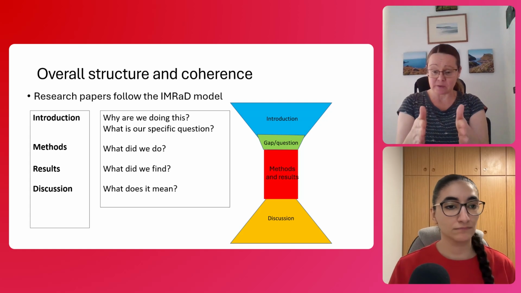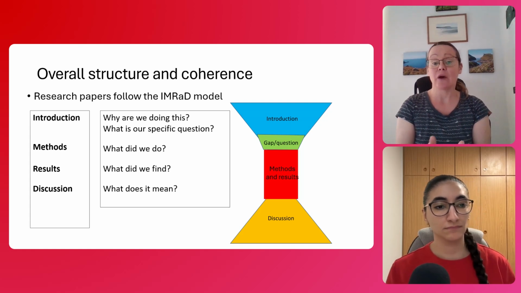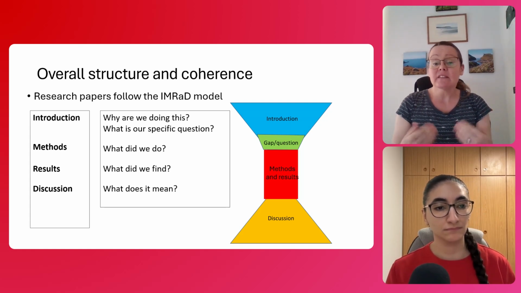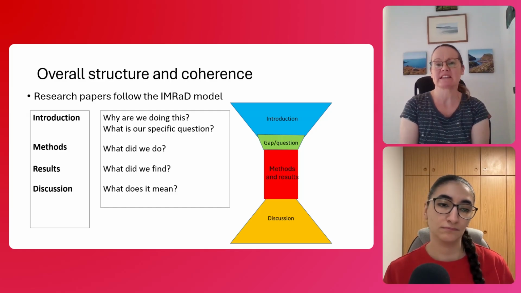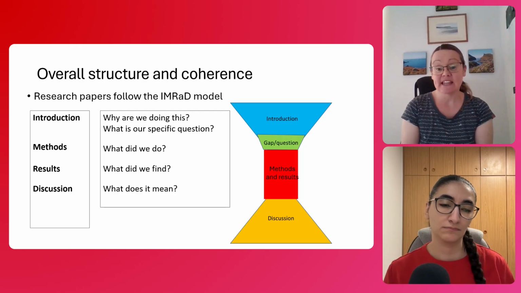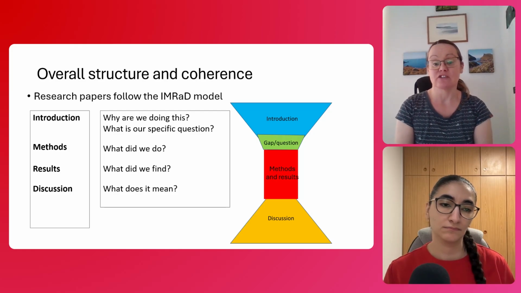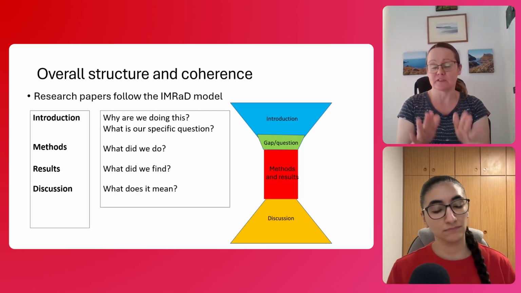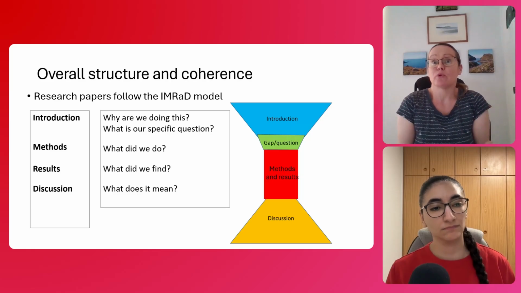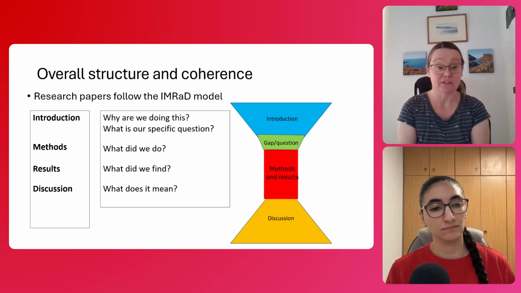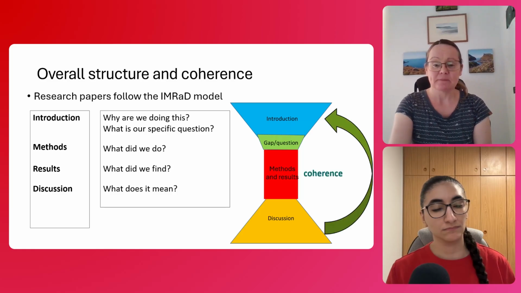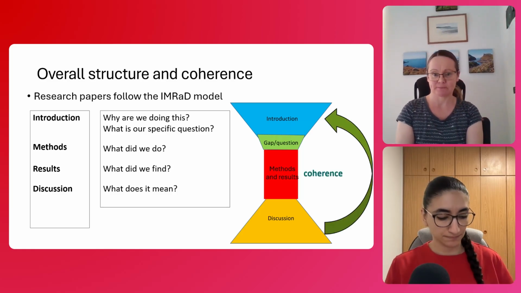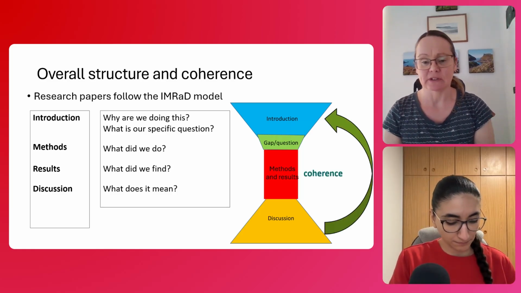We're talking about our specific findings, how they answer the research question that we asked, and then we gradually broaden out again as we start to discuss how this data fits into the field as a whole. What are the broader implications of these findings? And we typically will come full circle in this model.